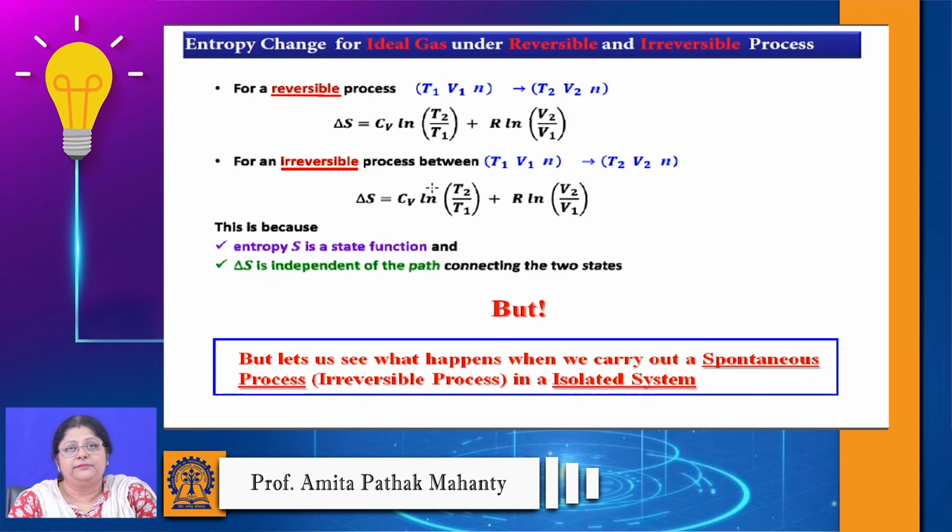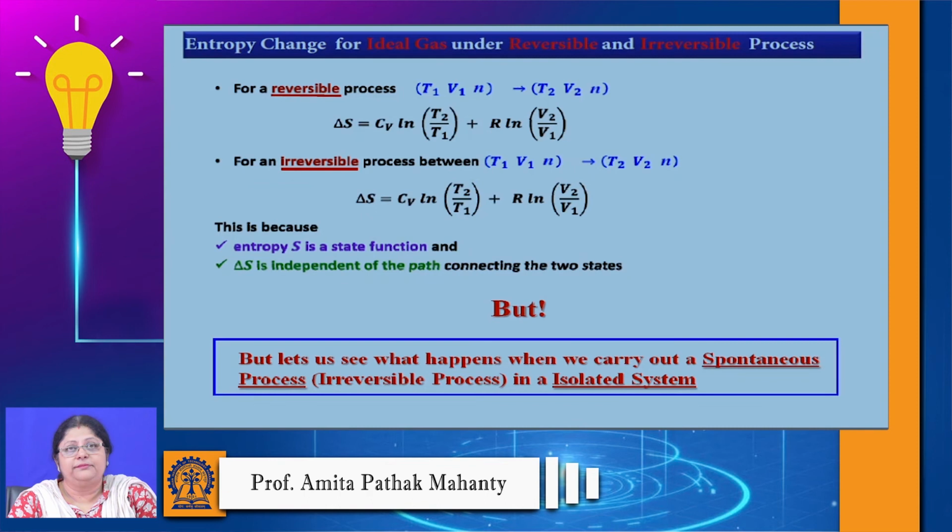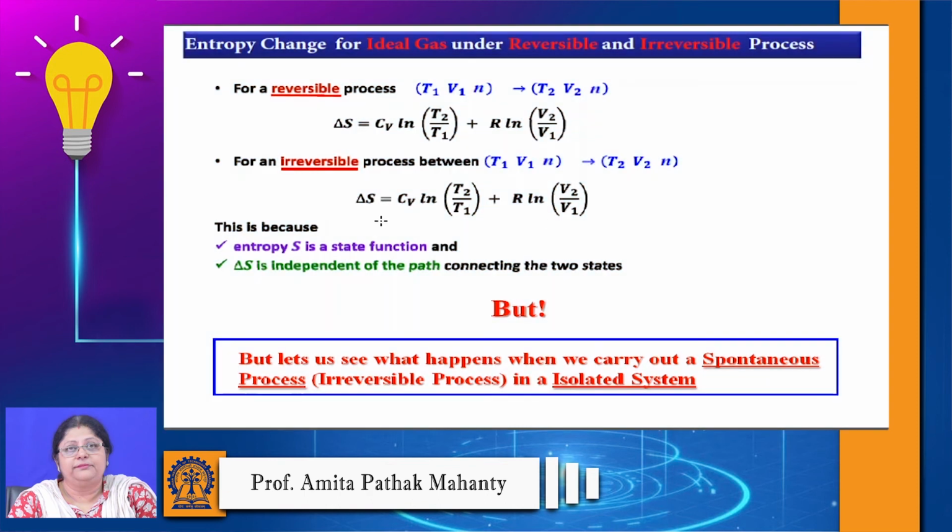For an irreversible process, if I want to calculate the entropy change for the same process carried out irreversibly from T1 V1 to T2 V2 for the same number of moles, the value I compute is also the same. That is because entropy is a state function and it's path independent, whether you carry out reversibly or irreversibly.